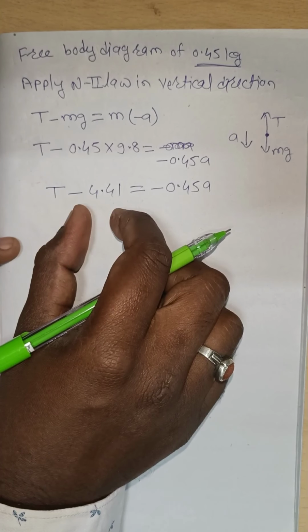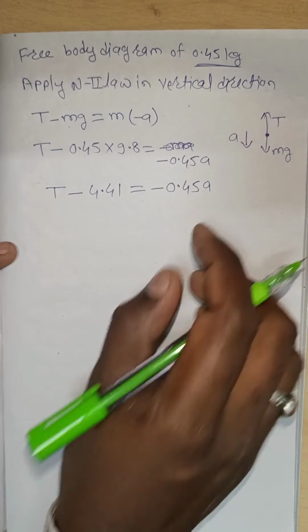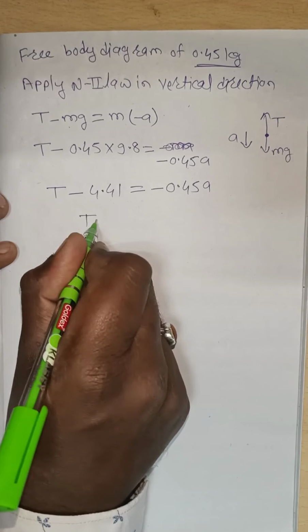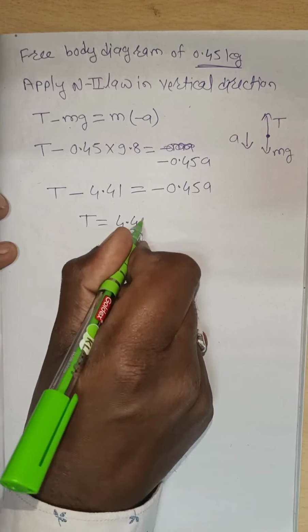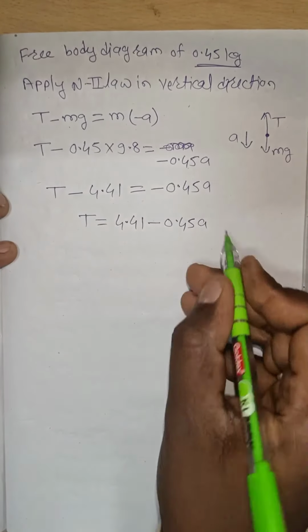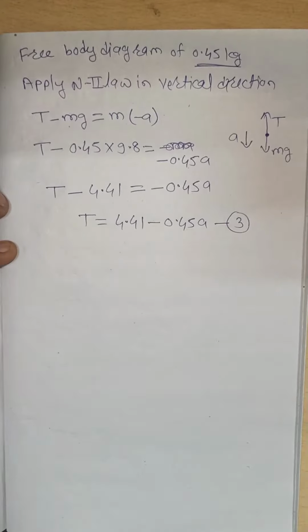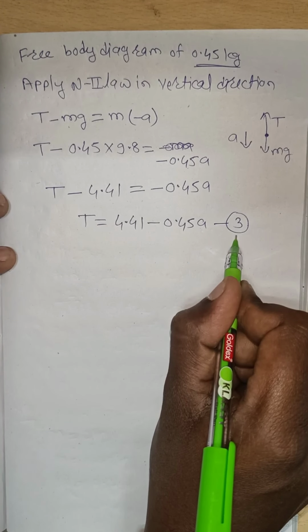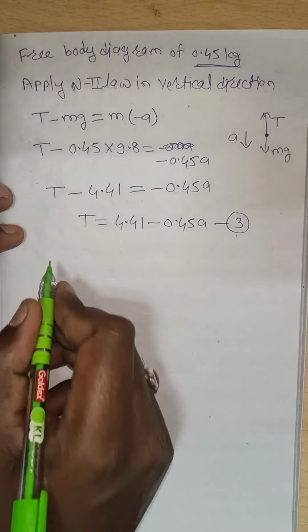Now we have to shift this minus 4.41 to the right, it becomes plus 4.41. Therefore T is equal to 4.41 minus 0.45 into a. Now we have to treat this as equation number 3. Now substitute this equation number 3 in equation 2.